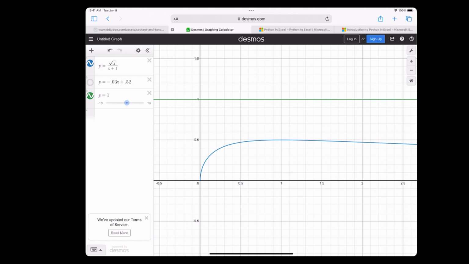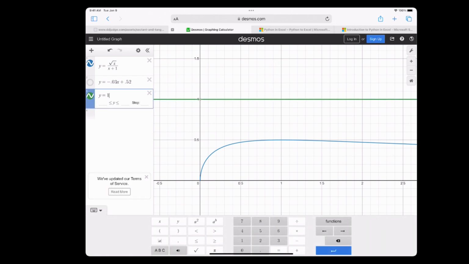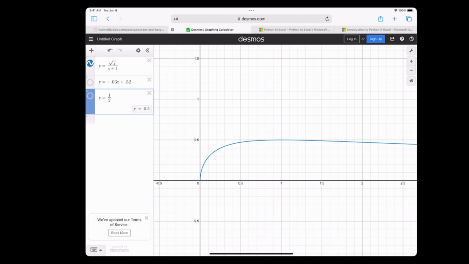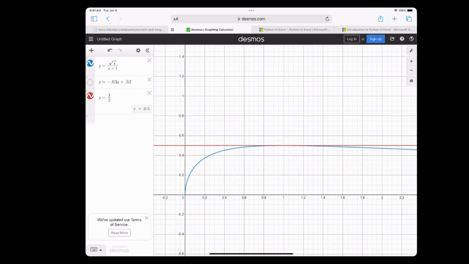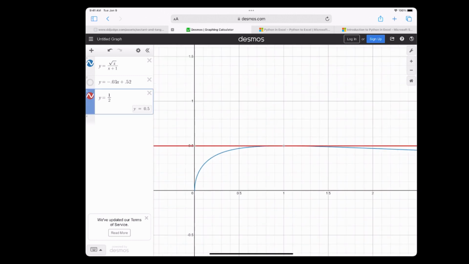Sorry, y equals not 1, but 0.5. And let me change the color because I like these lines to be red. I want them to stand out because it's the whole point. Okay, maybe do it like that. So this is the location on the curve where you have a horizontal tangent.